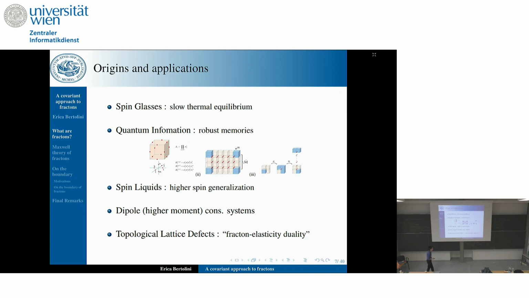And why are they fractons? Because they cannot move unless they produce dipole-like objects, meaning these red line operators have the property of flipping the spin, and so changing the color in this picture.